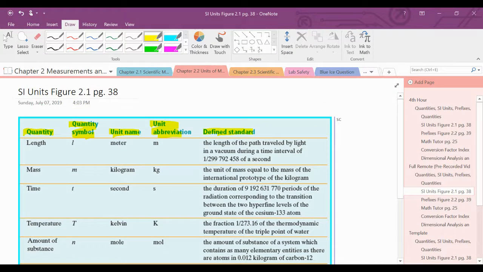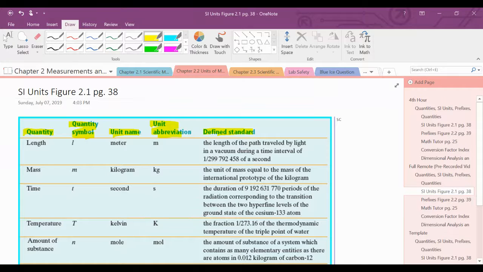And then there's a standard. This is how we define the quantity, how we measure it. The length of the path traveled by light in a vacuum during a time interval of so many seconds is a meter. So that's how we define the standard for this quantity.